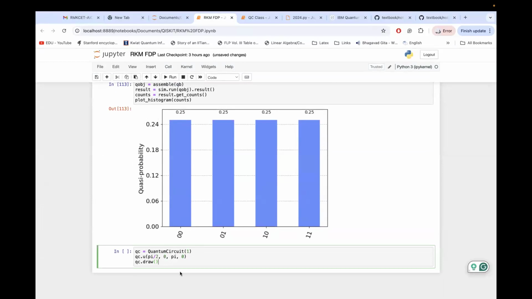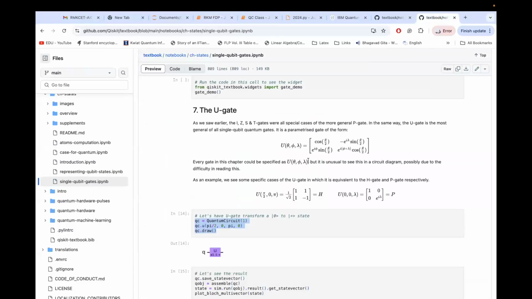What is the importance of this unitary operator? It is like a universal one. Whatever gate you want, you just change these theta, phi, lambda values to construct any gate you want. So this is going to be a more general unitary operator for the single-qubit system, and we can readily extend it to any multi-qubit case you want.